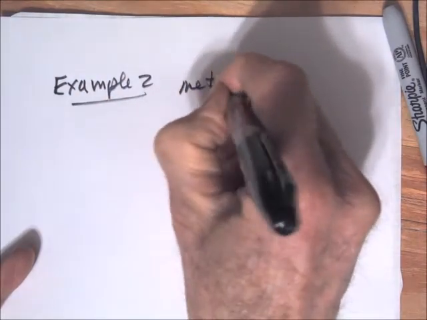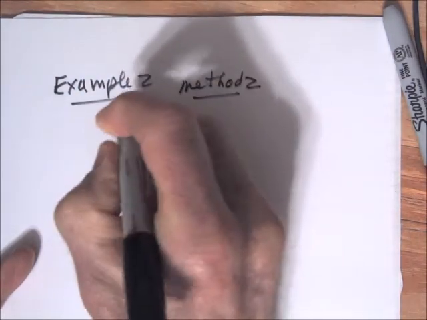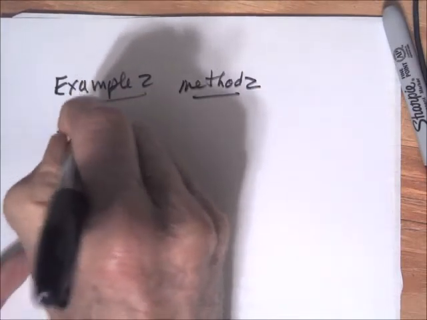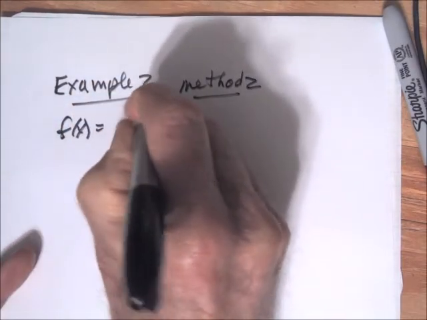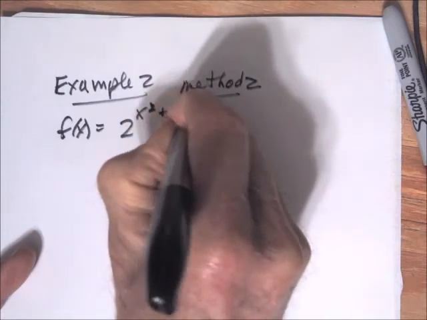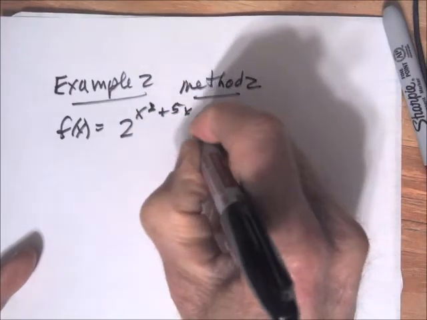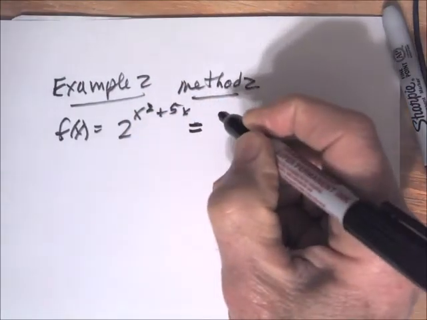Method 2. f of x is 2 to the x squared plus 5x, and we can convert this to base e.